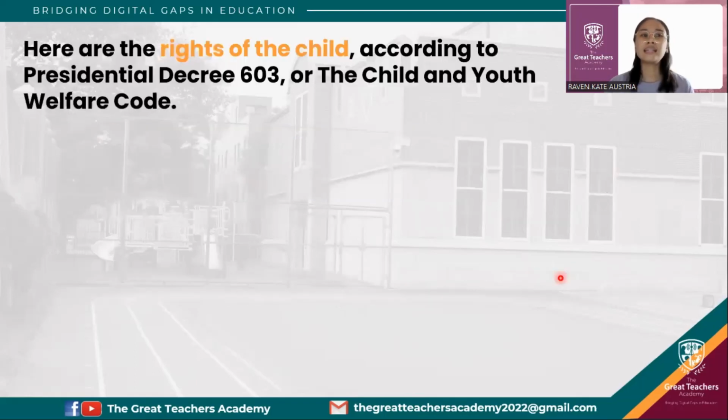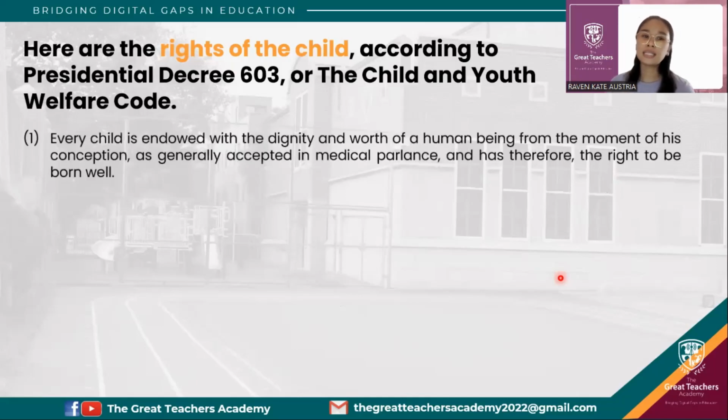Okay. Let's now discuss what are the rights of the child according to Presidential Decree 603 or the Child and Youth Welfare Code. So, ang una daw nating karapatan, every child is endowed with the dignity and worth of a human being from the moment of his conception, as generally accepted in medical parlance, and has therefore the right to be born well. So, this is very simple.